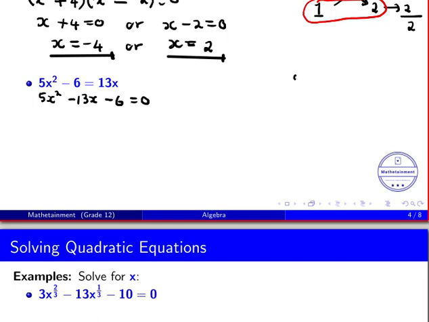So the factors of 5 are 5 and 1. For the factors of 6, I want to use 2 and 3 in that order, instead of 3 and 2. I want to use 2 and 3, 2 above, 3 below. So when I say 1 times 2, I'm getting 2. 5 times 3, I'm getting a 15.